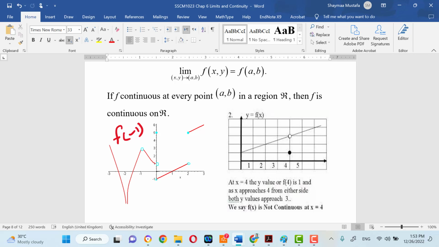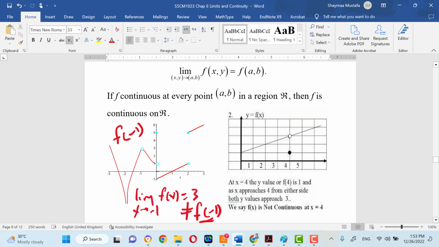The limit as x goes to -1 of f(x) is equal to 3, but this is not equal to f(-1). We have no value for the function at -1. So this is why the function is discontinuous at -1, even though the limit exists.